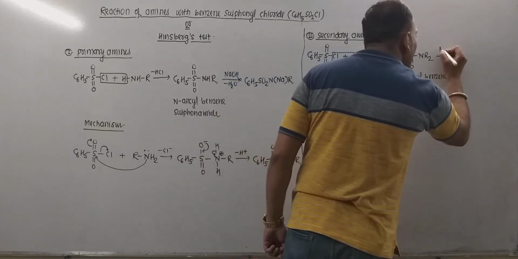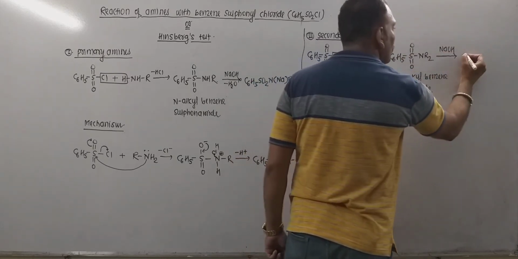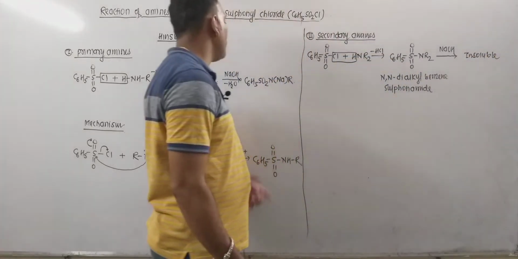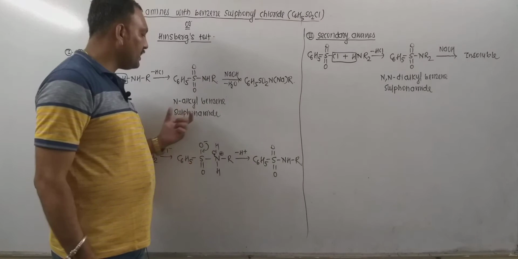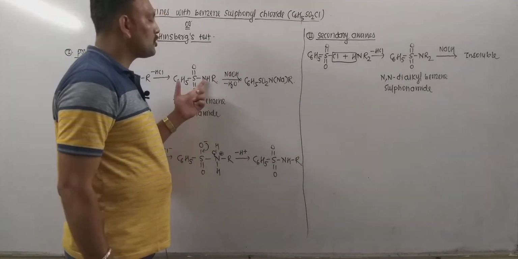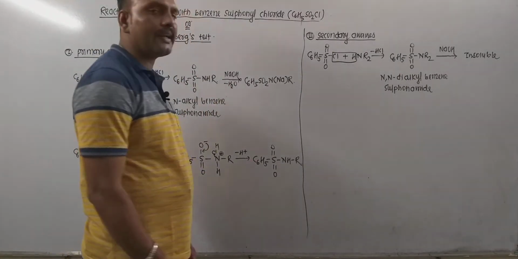Thus, when it is dissolved in a base like NaOH, it is not soluble. So it is insoluble in it. Whereas with primary amines, N-alkyl benzene sulfonamide was soluble due to the presence of acidic hydrogen. So this is the difference between primary and secondary amines.